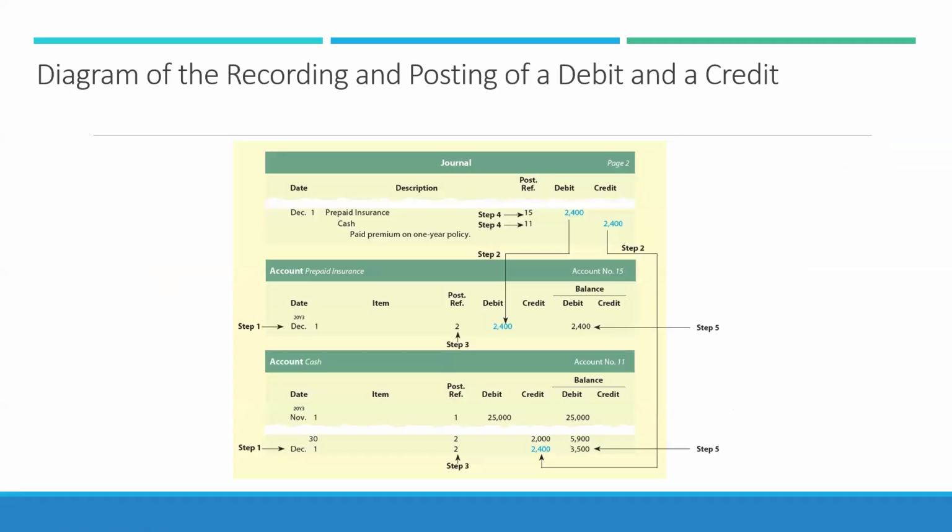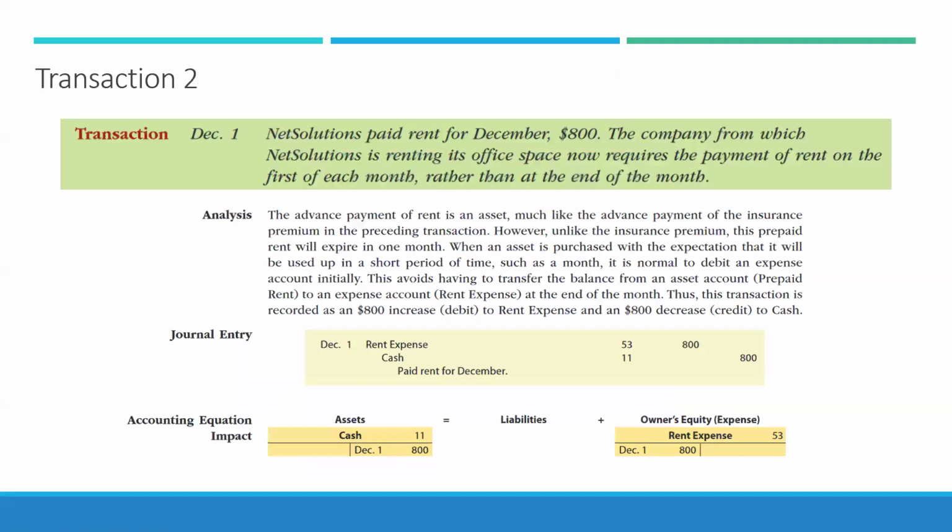Know that when we create a journal entry to post them, we take this prepaid insurance here, and we debit it. We took this cash over here and we showed a credit in the account for cash. Cash is going to usually have a ton of transactions to it because that's primarily the account we're using.